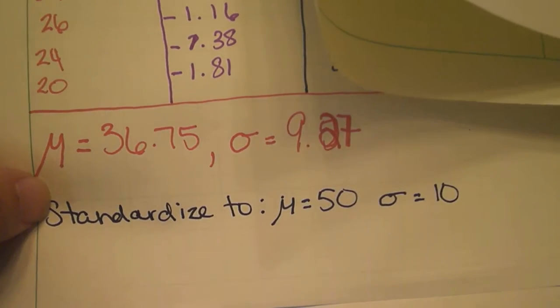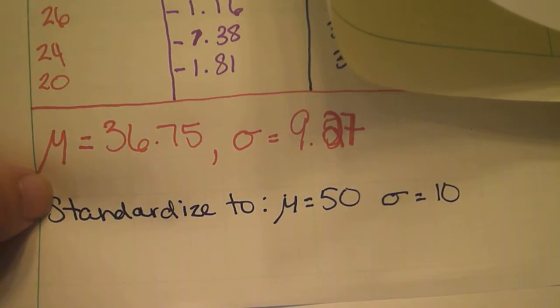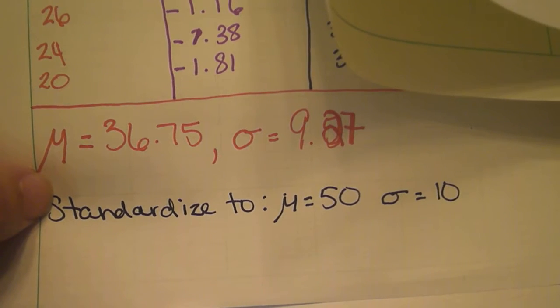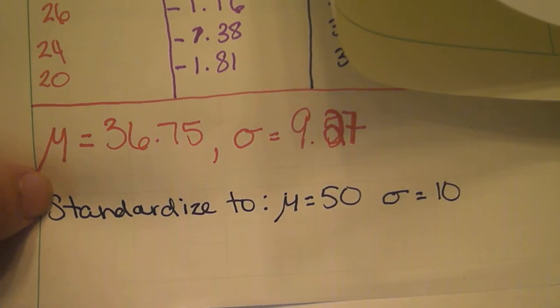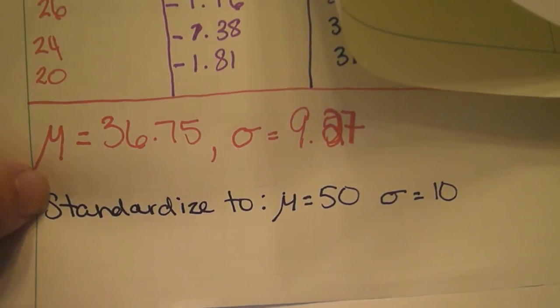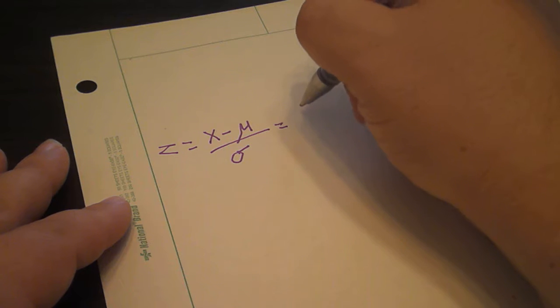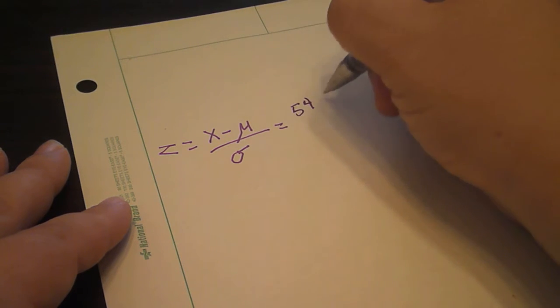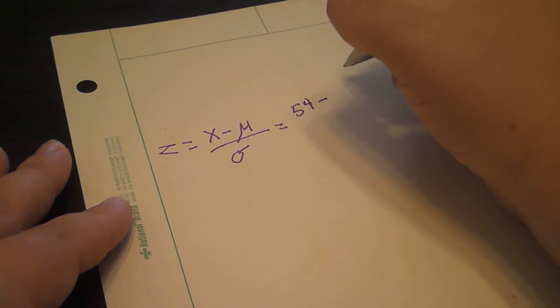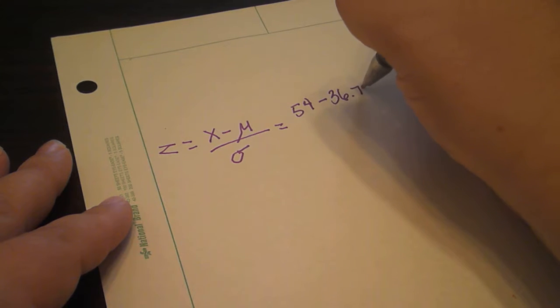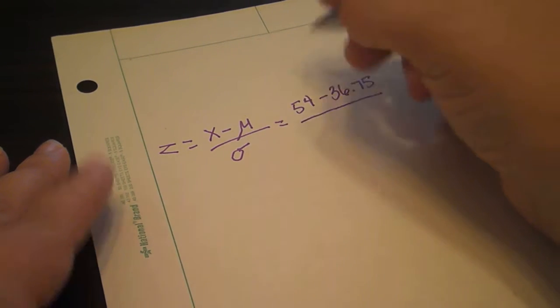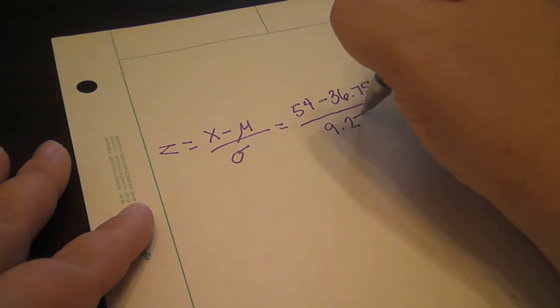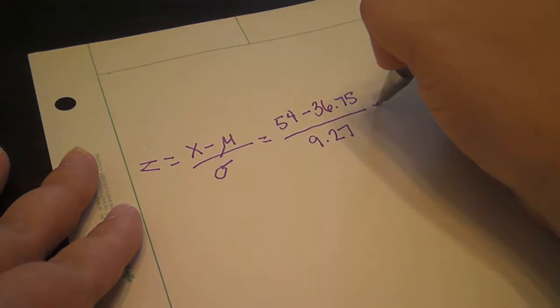So you can see that my population mean is 36.75 and our standard deviation is 9.27 for the population. So my x score is 54 minus my mean, which is 36.75. Divide that by 9.27, which is my standard deviation.